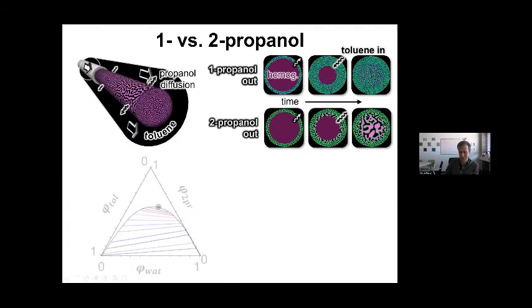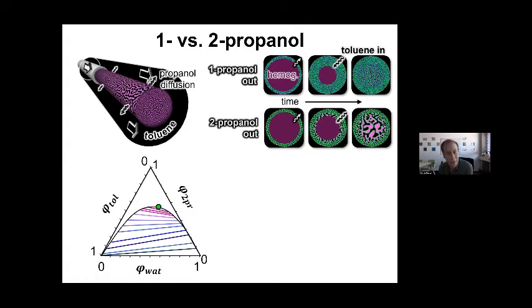What's the difference? So we need to look at the ternary phase diagrams. Here you see the ternary phase diagram for 2-propanol, water, and toluene, which is the surrounding fluid. It's a fairly symmetric phase diagram. That means the critical point is kind of in the middle, and the tie lines are almost horizontal. The tie lines being horizontal means that 2-propanol partitions equally well between toluene and water.